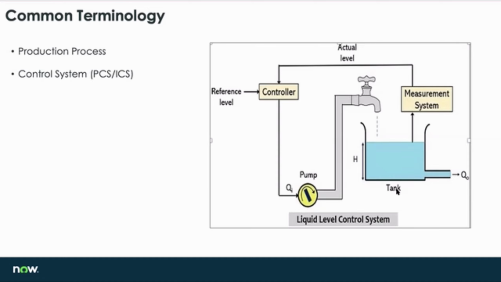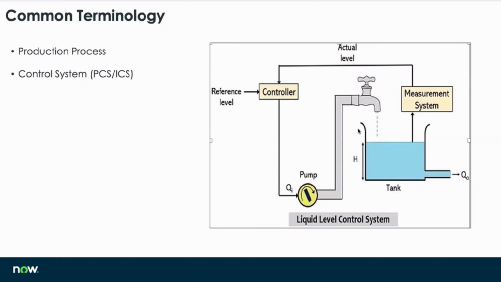I've taken a simple example to illustrate this. Here, you can see there is an overhead tank, and a tap that is filling in water. As the water keeps filling up, there is a sensor, a measuring device, that is capturing the level. Once it has the value of the actual level, it sends that to a controller, which has a reference level.